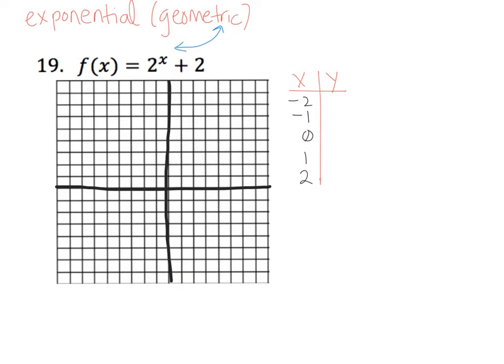Okay, so let's start doing some math. I'm going to start with f of -2, which means 2 to the -2 plus 2. Oh, golly, let me write that -2 again. That was a little rough. So what is 2 to the -2?